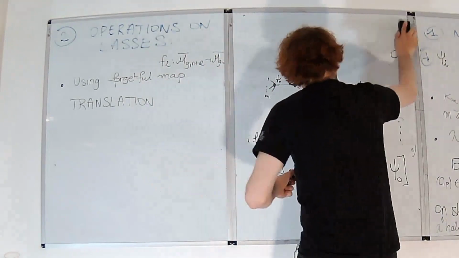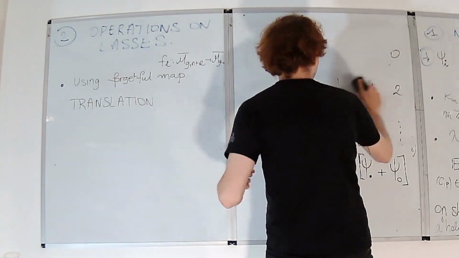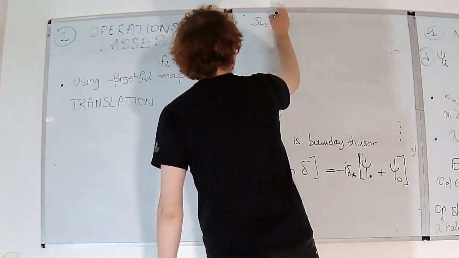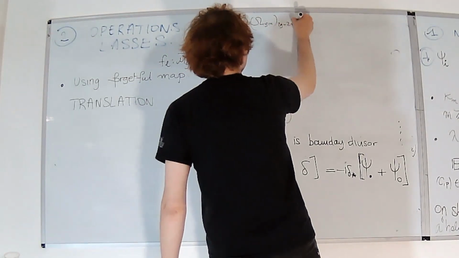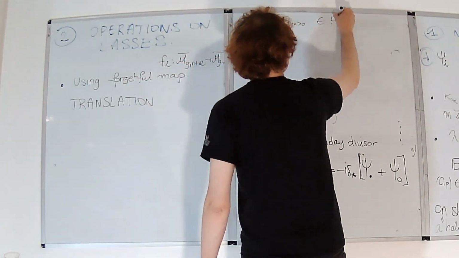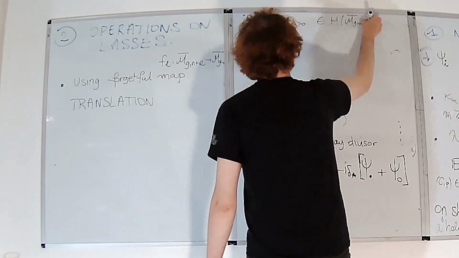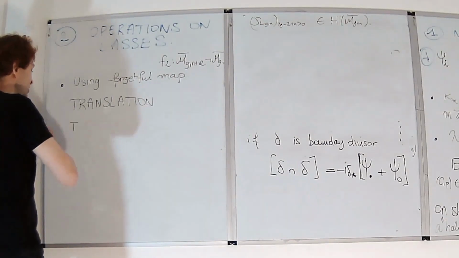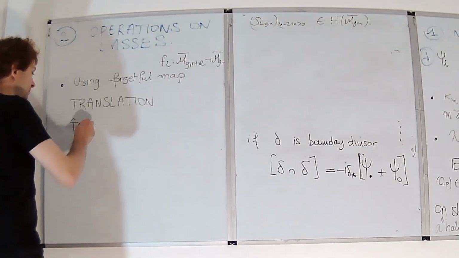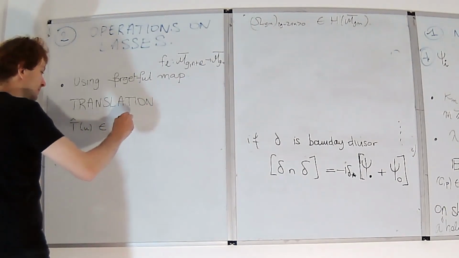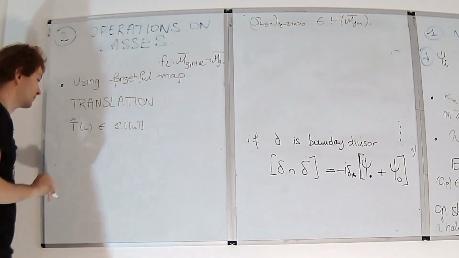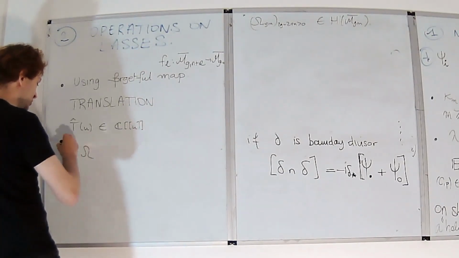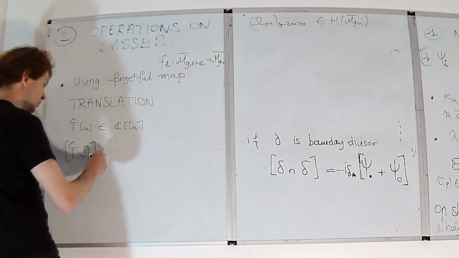Since we are doing an operation on classes, I need to have a class to start with. So we're going to fix a collection of classes, which could be arbitrary. So translation is going to start with a formal series, and it's going to define a new class. So for each topology g, n, I'm going to have a new class.